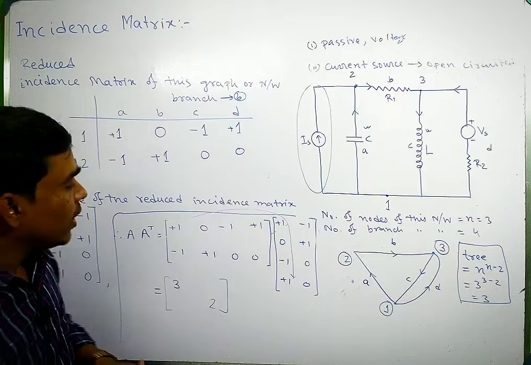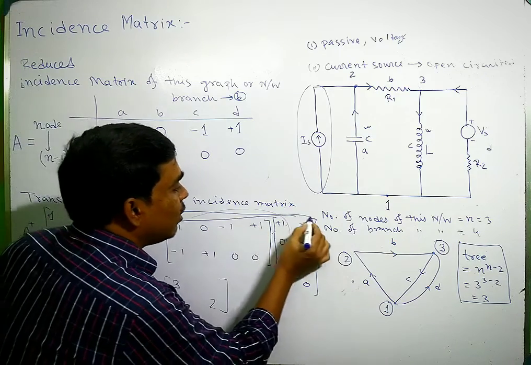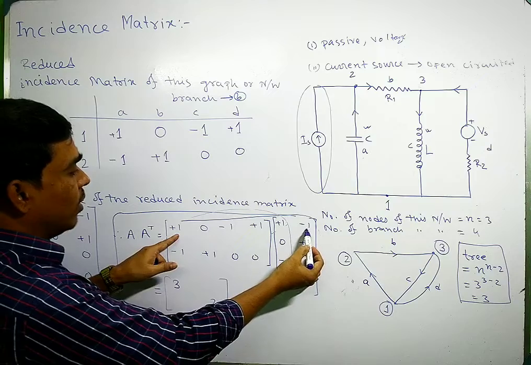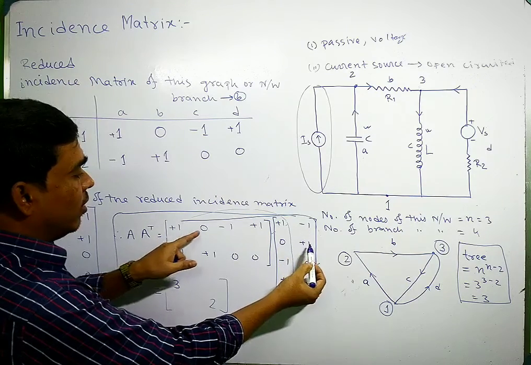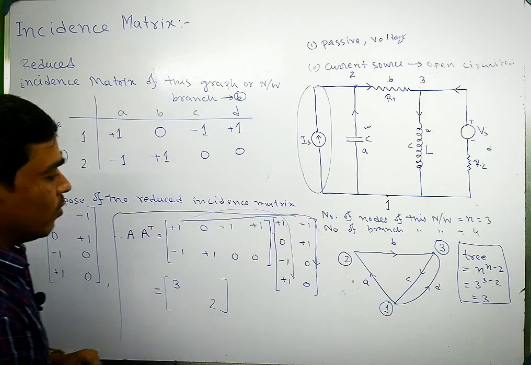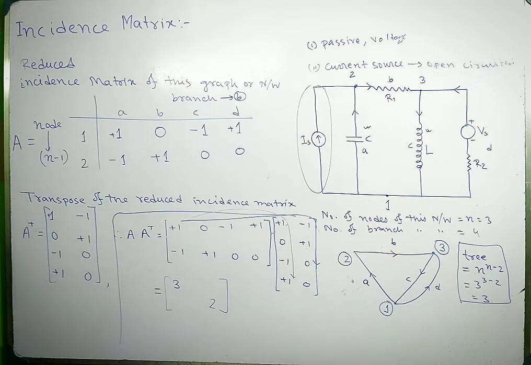From this multiplication, if you multiply in this way, this is minus 1, this is minus 1, this is 0, this is 0.